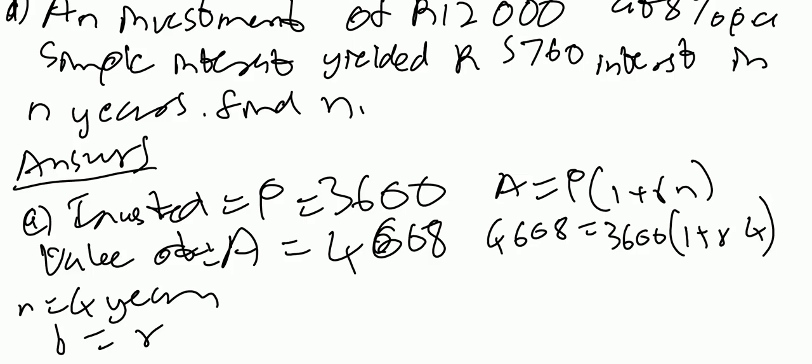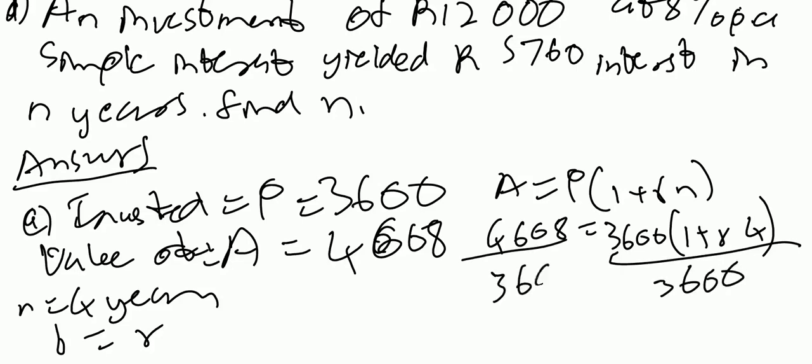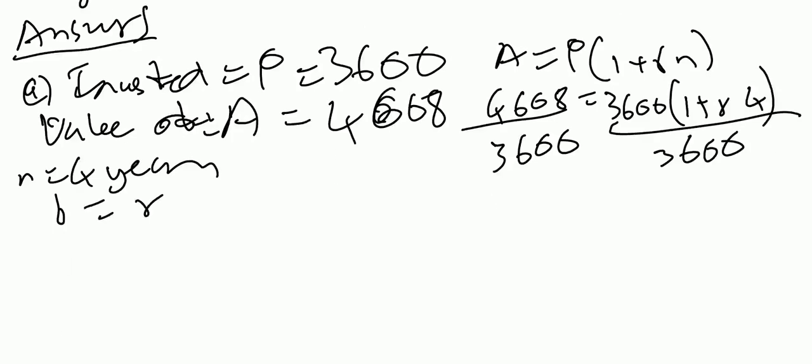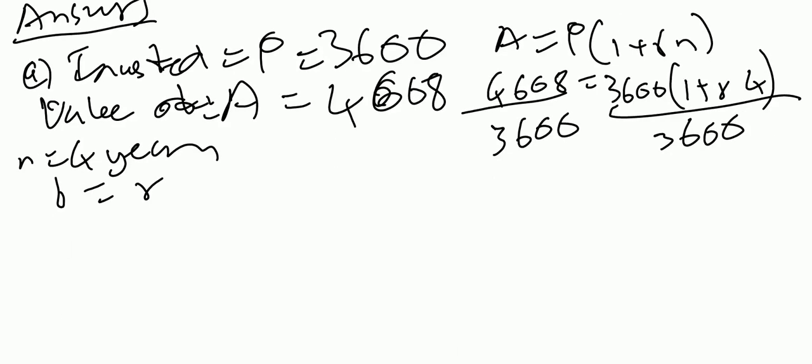Then you say 4,608 divided by 3,600. We divide both sides by 3,600. We are going to find that we have 32 over 25 is equal to 1 plus 4R.